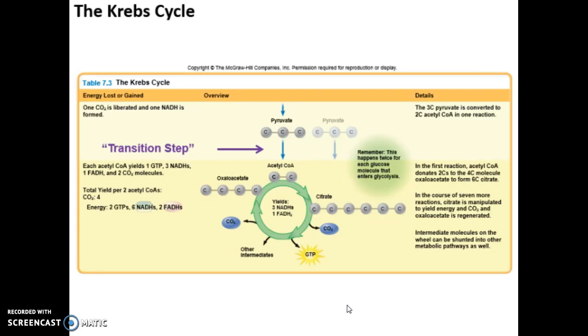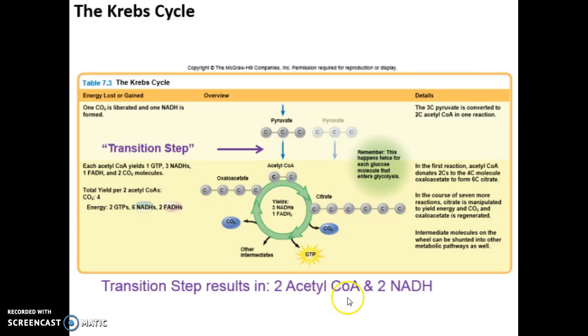However, there is a step that is referred to, again old school, as the transition step. That's because pyruvate doesn't directly feed into the Krebs cycle. It has to be converted into acetyl-CoA. This transition step results in 2 acetyl-CoAs, one for each pyruvate molecule, and another 2 NADH molecules.